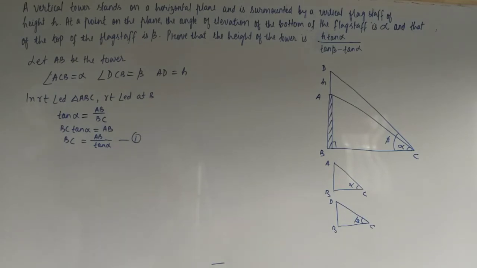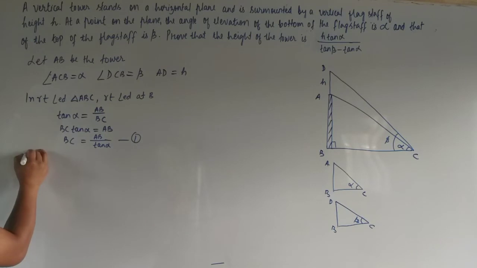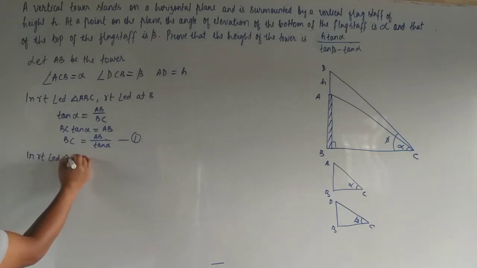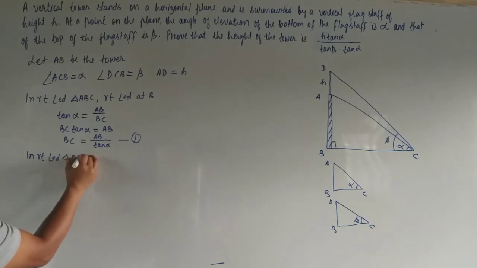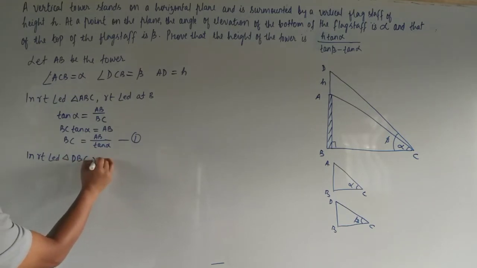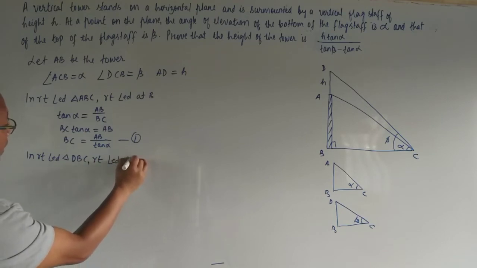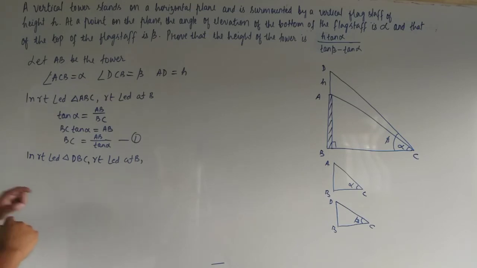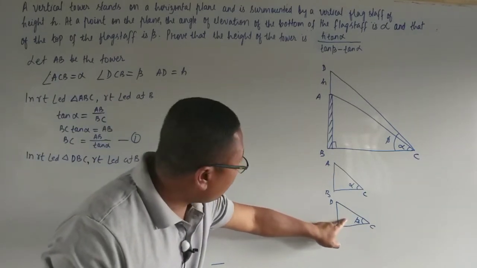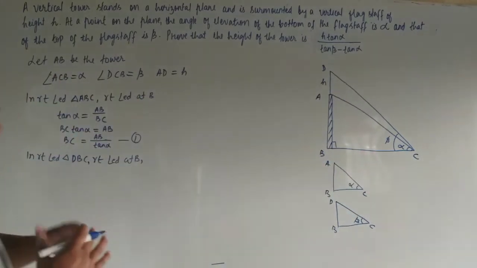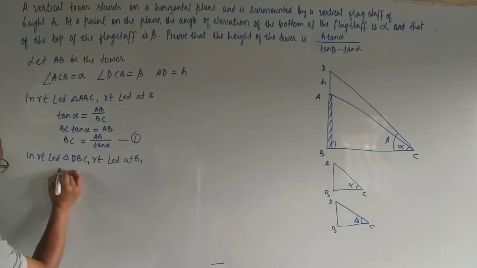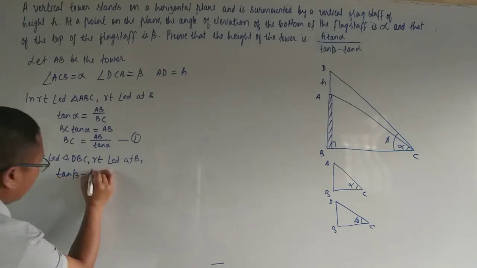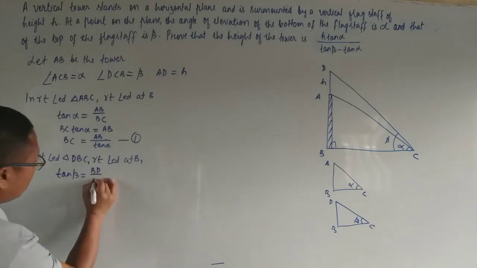Now let's take the bigger triangle. In right angle triangle DBC, right angle at B. So this is the figure for the DBC if you separate the figure. So tan beta equal to BD by BC.